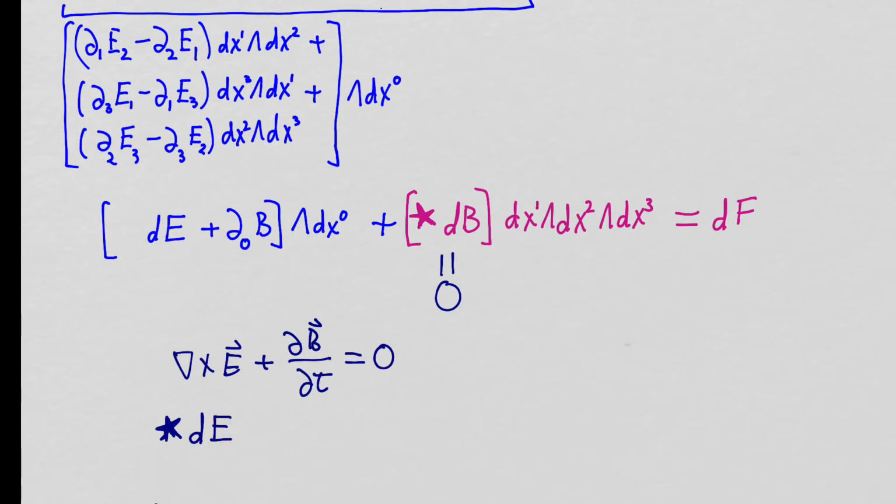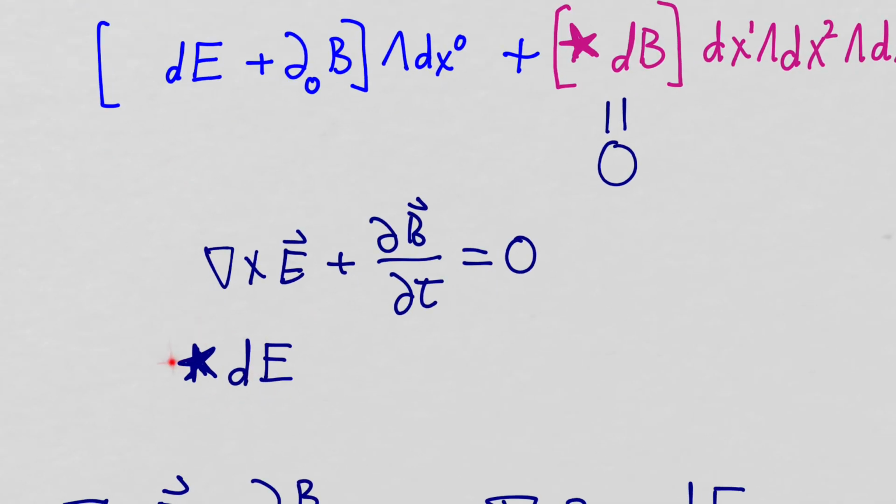The exterior derivative of the electric field one form is a two form, and the Hodge dual of a two form is back to a one form. And this is a vector. So this is the one form associated with the vector that is the curl of the electric field.